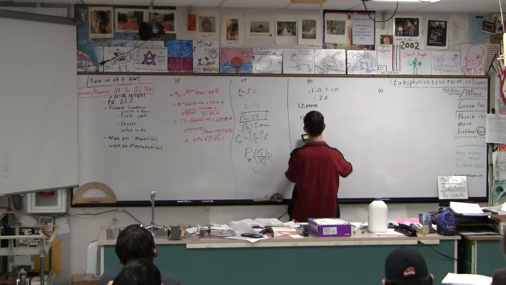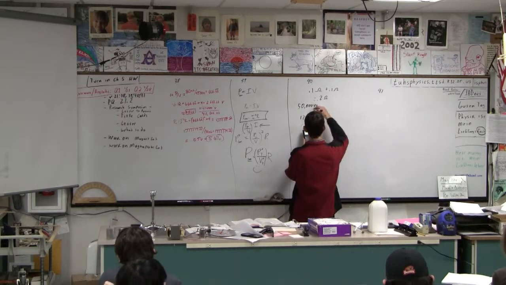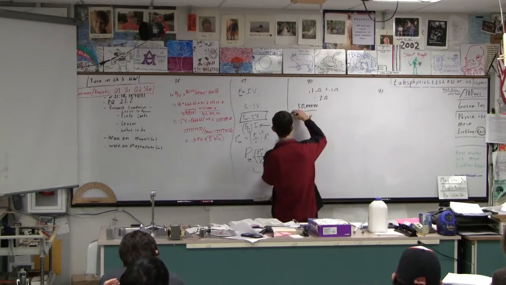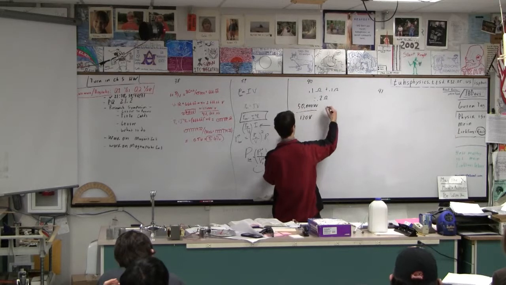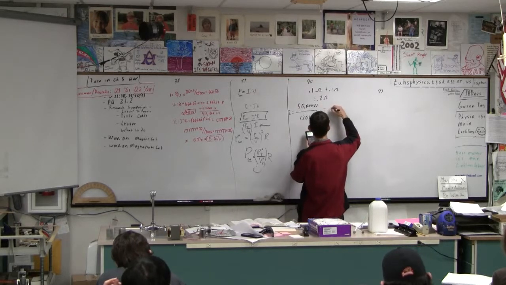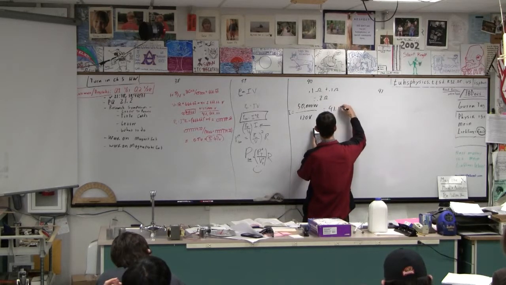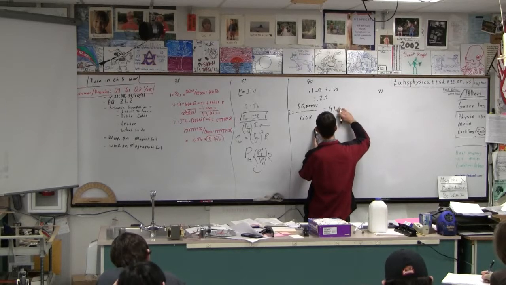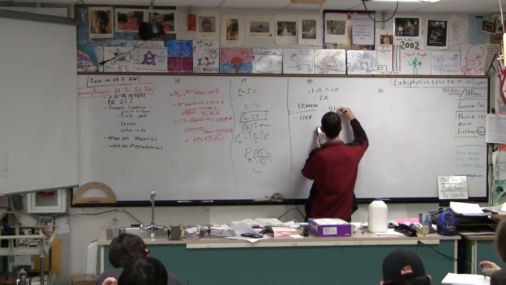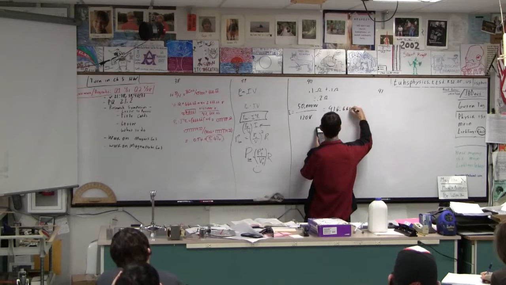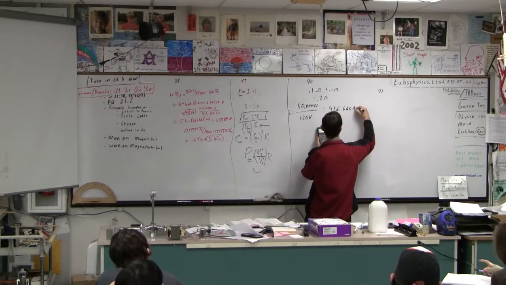50,000 divided by 120. Our current is, so we divide those guys, right? So current is power divided by voltage, right? And this gets 416, I'm in scientific notation mode, 0.666 amps, right?